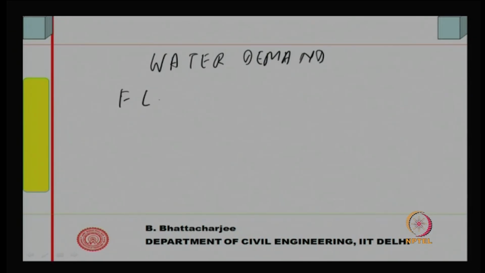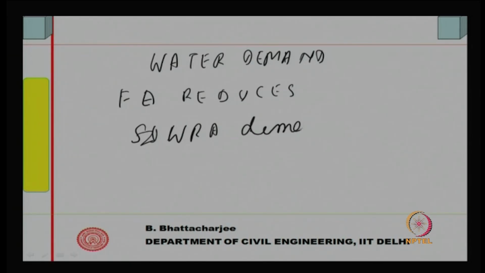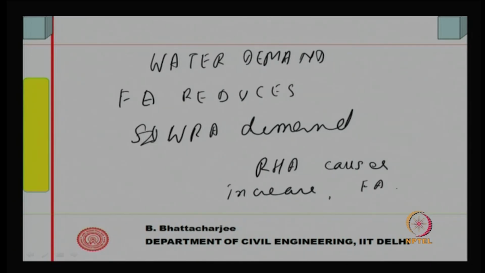Fly ash reduces superplasticizer demand or plasticizer demand, I mean water reducing agent demand; rice husk ash causes an increase.